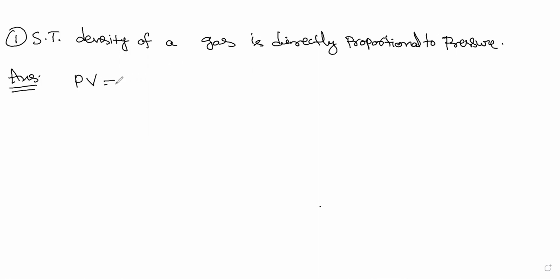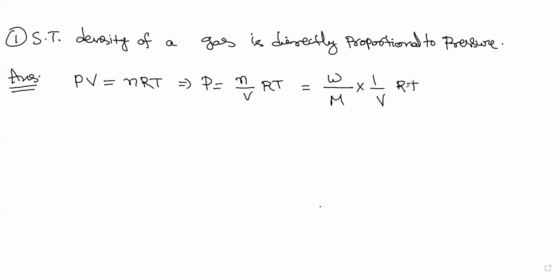So PV is equal to nRT. We'll use this equation. We had to show that density of the gas is directly proportional to pressure. Now we have P is equal to n by V RT. So n is weight by gram molecular weight, into 1 by V RT.